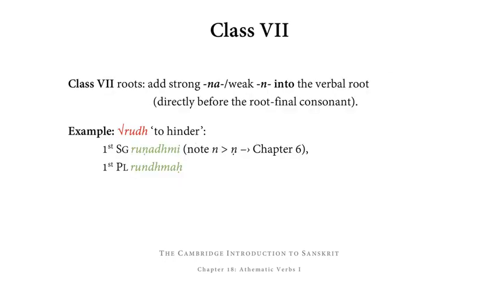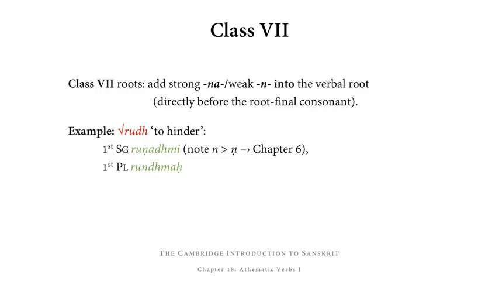Next up, class 7. Class 7 roots add na to the strong forms and n to the weak forms, but they add this into the verbal root, and specifically they add this directly before the root final consonant. What does that look like? Well, for example, of rud, meaning to hinder or to obstruct, we have the final consonant dh, and it's in front of this dh that strong forms add na and weak forms add n.